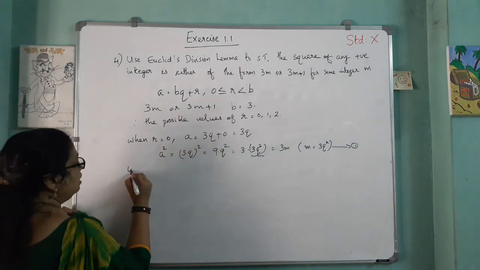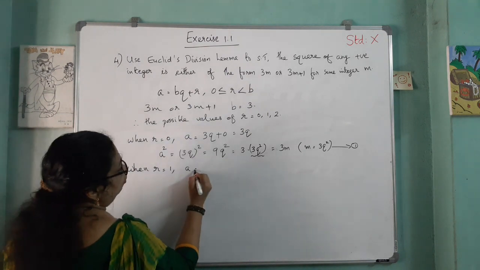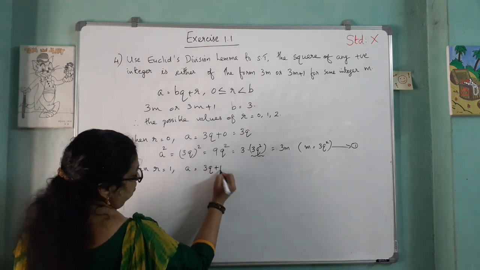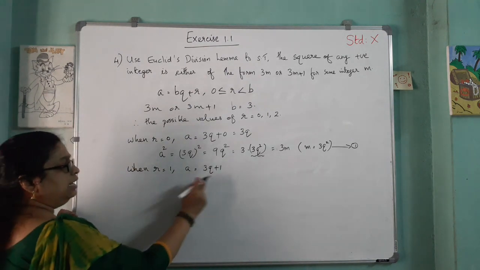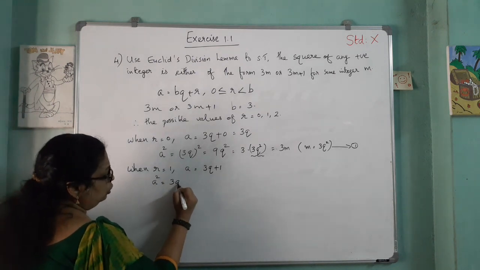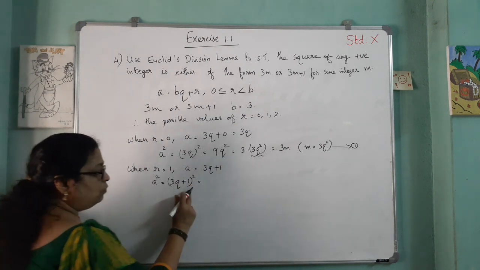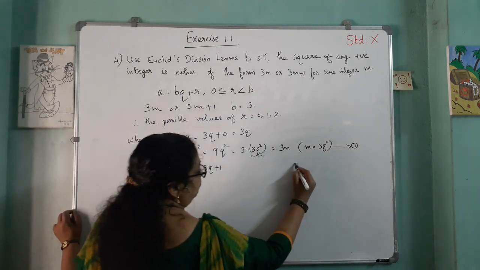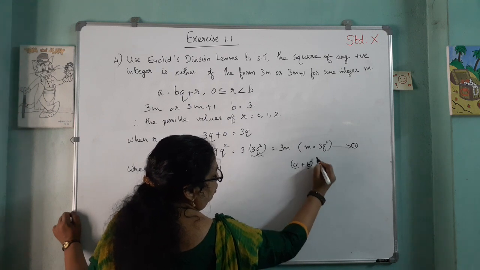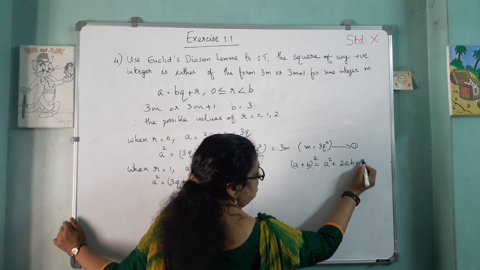Next, when r equal to 1, a equal to 3q plus 1. Squaring both sides, we get a square is equal to 3q plus 1 the whole square. This is of the form a plus b the whole square, that is a square plus 2ab plus b square.